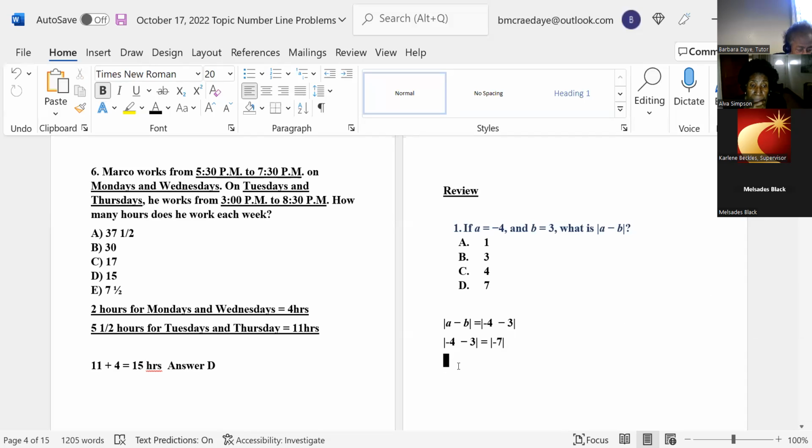What is that equal to, Alva? The absolute value of -7 is equal to what? Absolute 7. Yes, very good, because absolute values do not have a sign, right? So the absolute value of -7 is just 7. What's the answer, Alva? D. That's it. Very good.